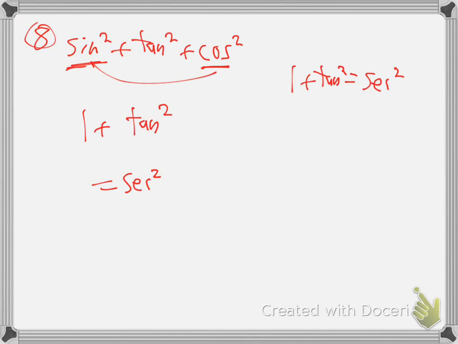Okay, I'll go on to number 9. Cosecant times cotan over secant. Okay. What do you think about one like that? I'm thinking break it down to all cosines and sines.